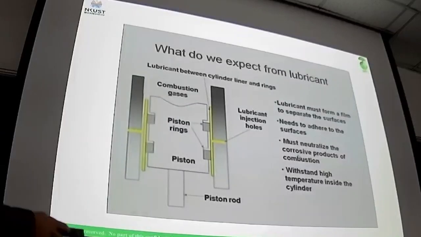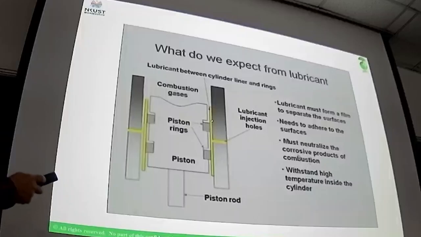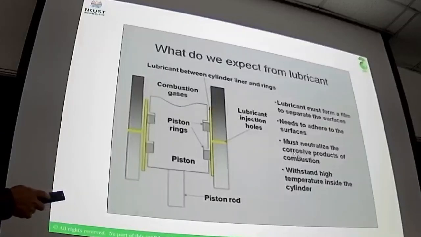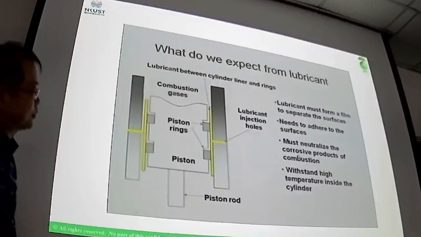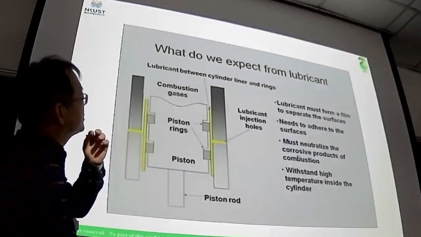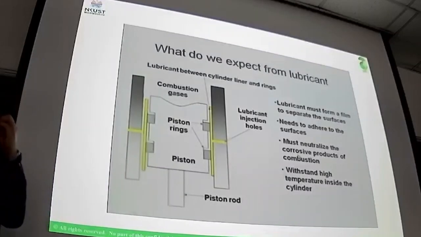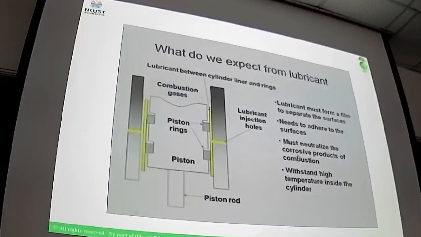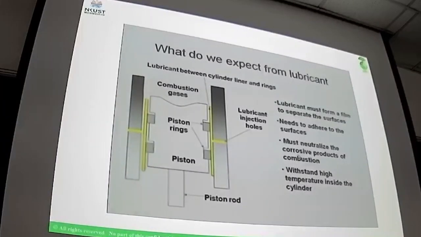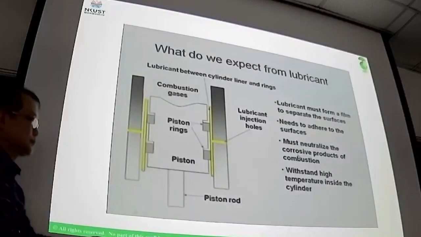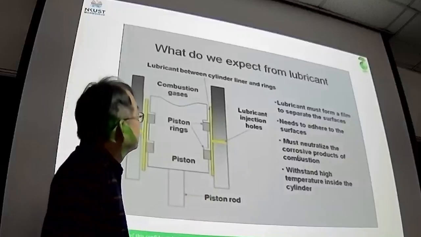So the lubricant in this case needs to neutralize the corrosive product of the combustion. And also the lubricant should withstand a high temperature inside the cylinder. So these are the basic requirements for the lubricant to be used in the combustion engine.